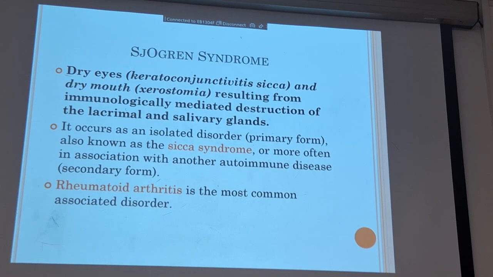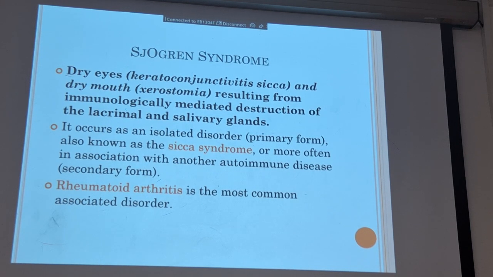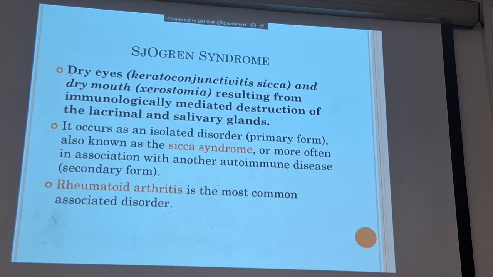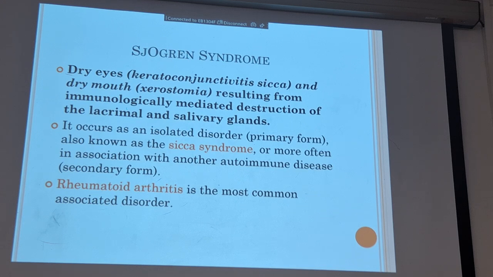And what are the antibodies in drug-induced SLE? Antihistone antibodies. ANA, general ANA, and antihistone antibodies are positive in drug-induced SLE. And what are the two subtypes with cutaneous manifestations mostly?